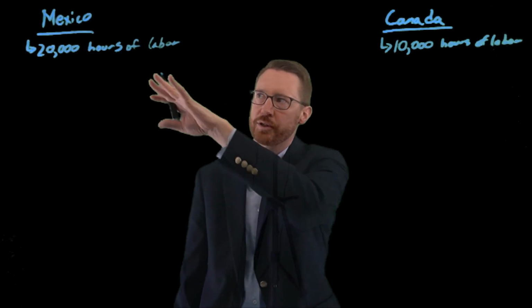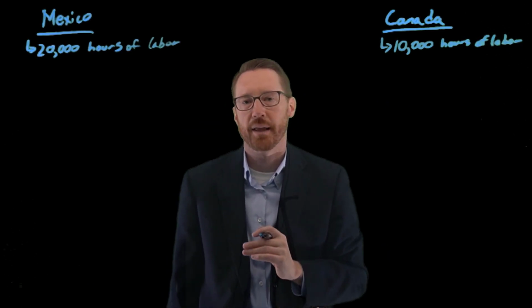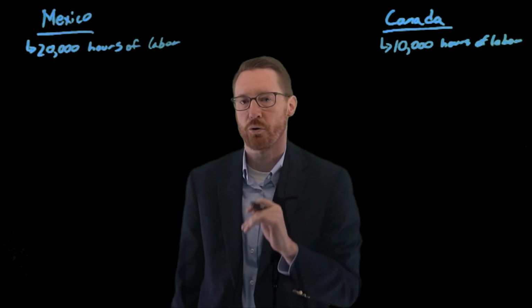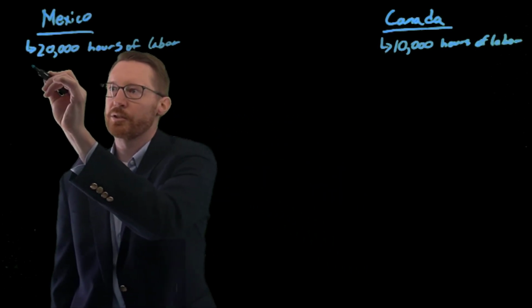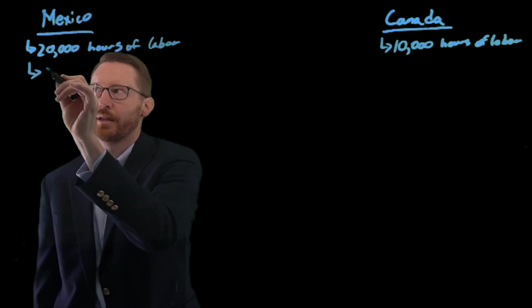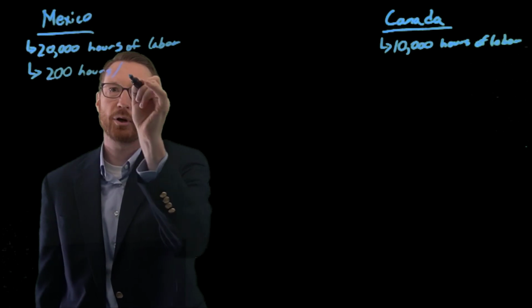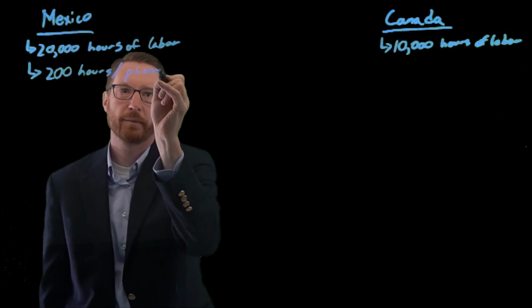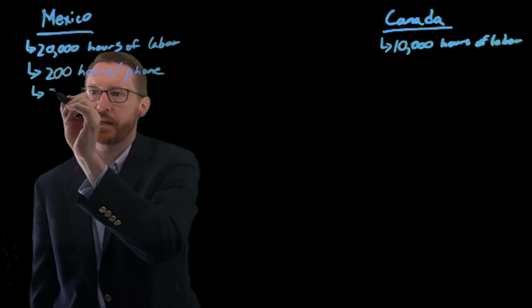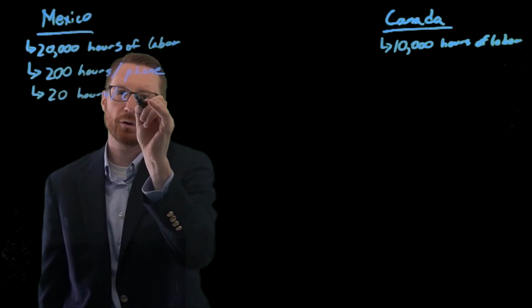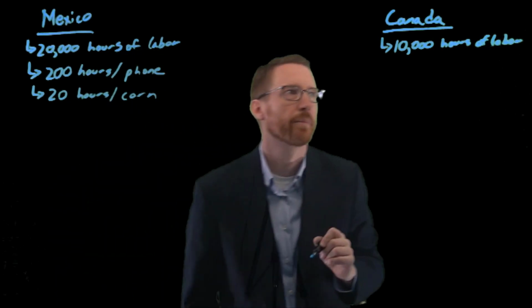So we have two countries, Mexico and Canada, and they can produce two goods, phones and corn. So let's assume for Mexico that it takes them 200 hours per phone, and it takes them 20 hours of labor per ton of corn.